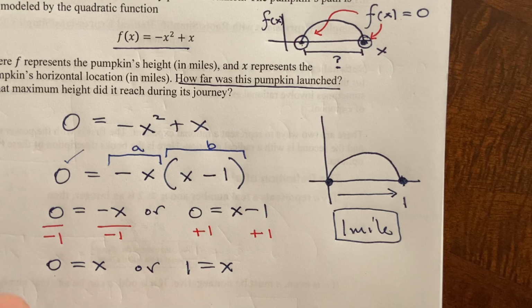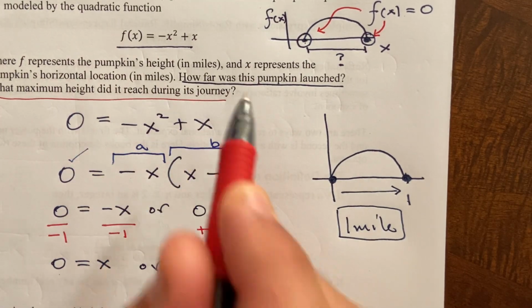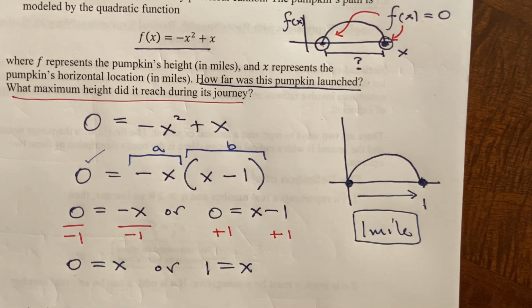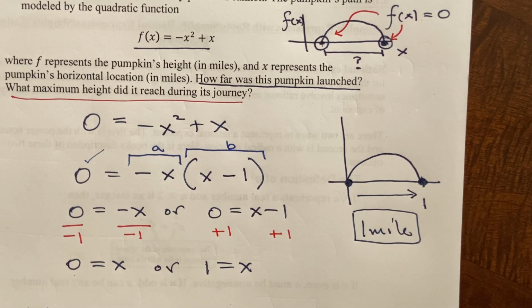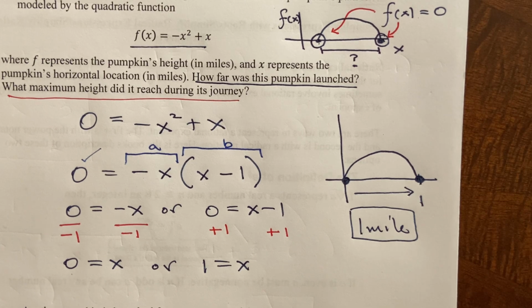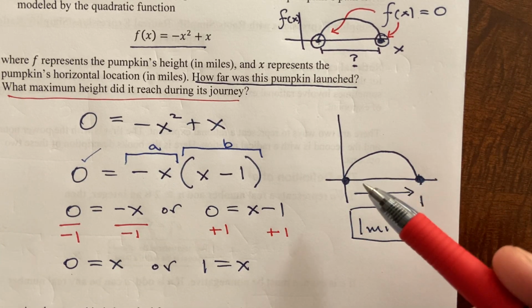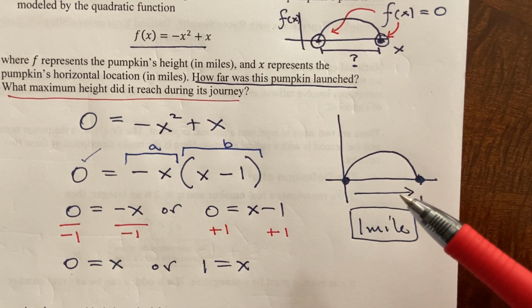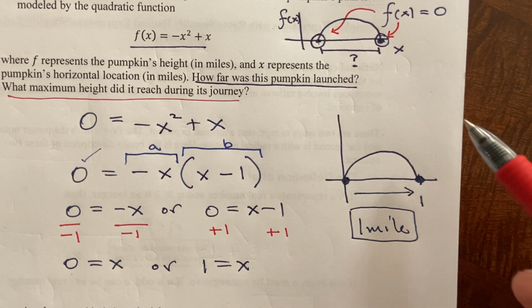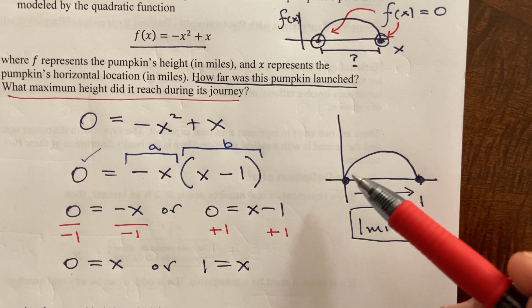Now we have this follow-up question. What maximum height did it reach during its journey? So think through this one. We kind of have a sketch of the path. Where would the maximum height occur on this arc?